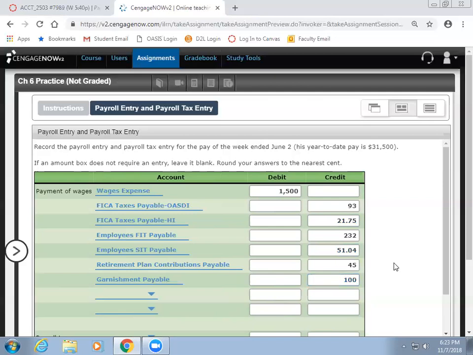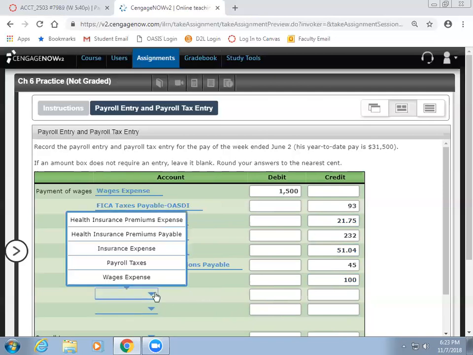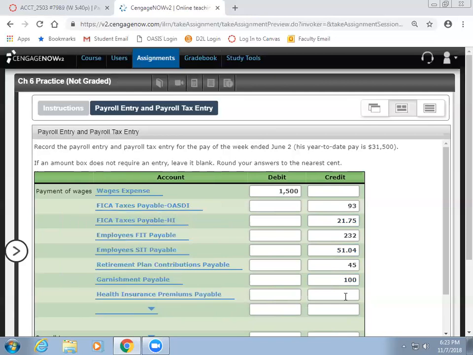So we have a garnishment payable of $100. And then we have his health insurance. Health insurance premiums payable are $95. Okay. So those are all the withholdings for this employee, who's also the employer.